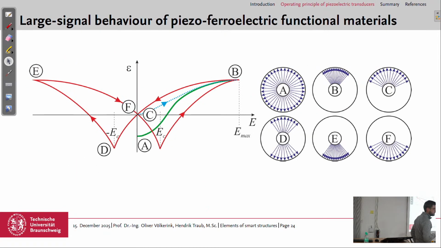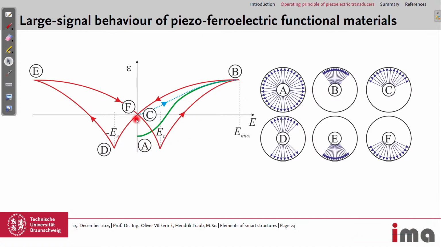Just a silly question. Elongation positive. Is there any way we can control elongation direction also, like fixing one end? I mean, elongation direction depends on the direction of the electrodes, right? You have the field direction in between the electrodes, and we will come to that tomorrow.